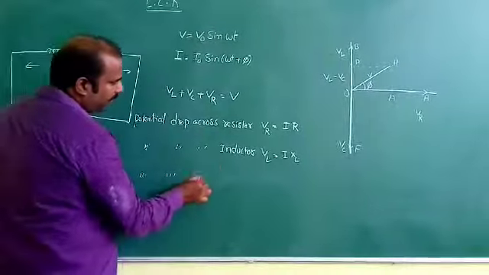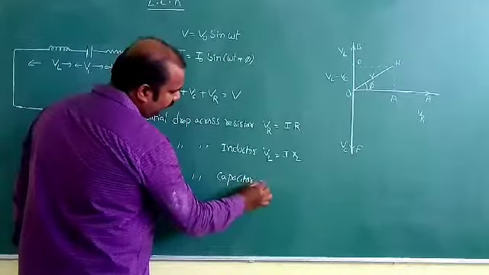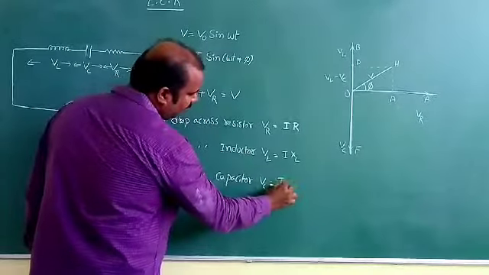Similarly, the potential drop across the capacitor is given by VC is equal to I into XC.